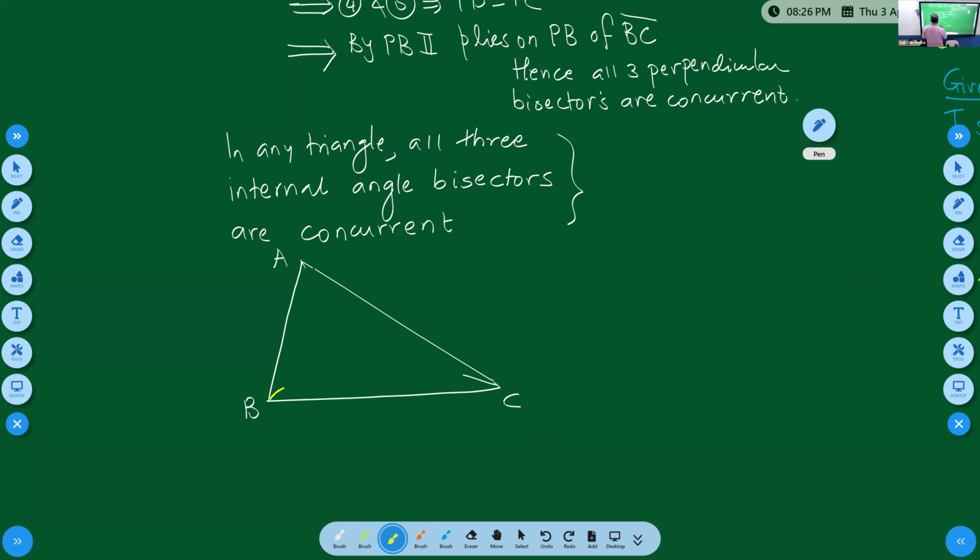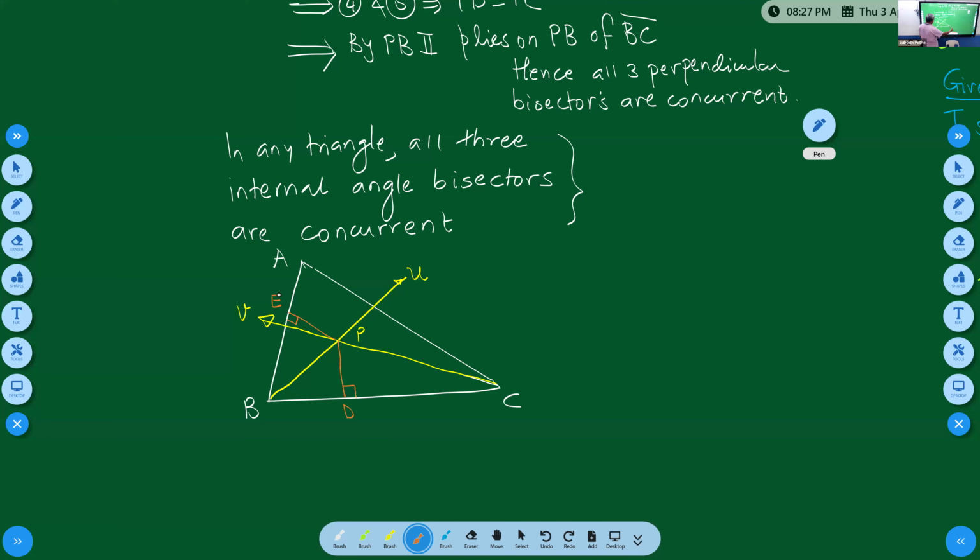So let U be the angle bisector of angle B. Let V be the angle bisector of angle C. Let them intersect at P. So we will get, by AB1, if U is the angle bisector of B, this distance equal to this distance, PD equals PE.